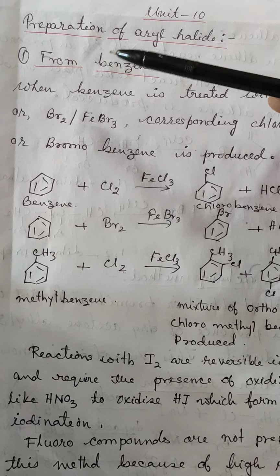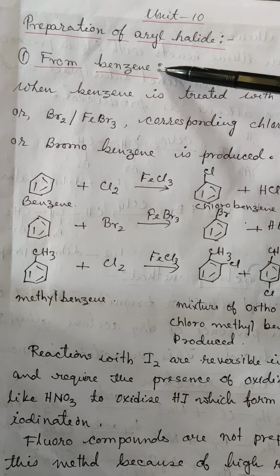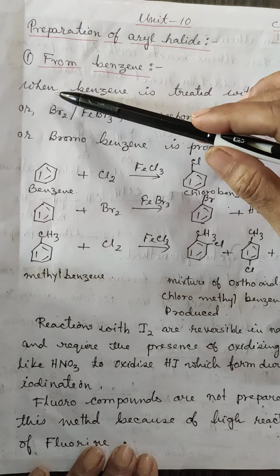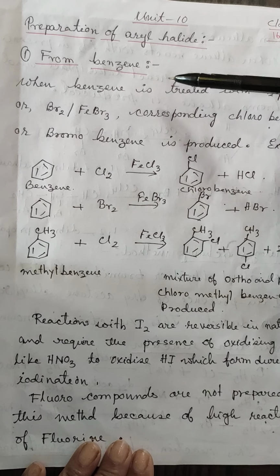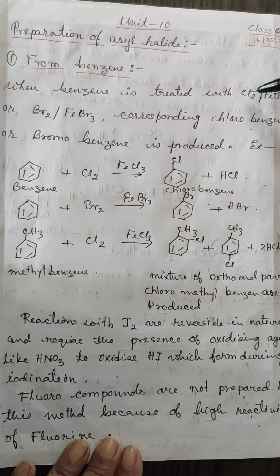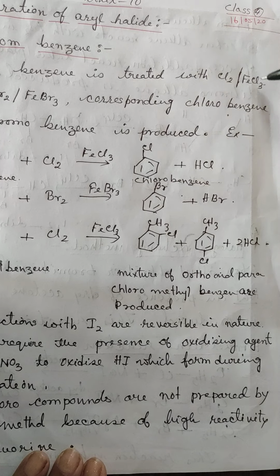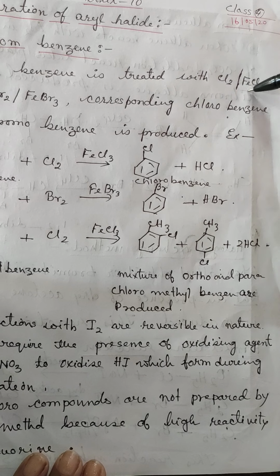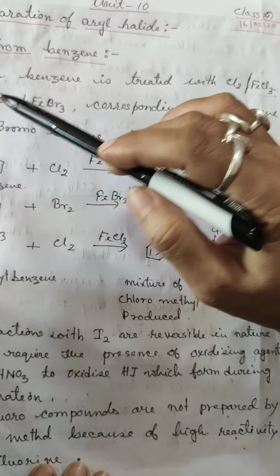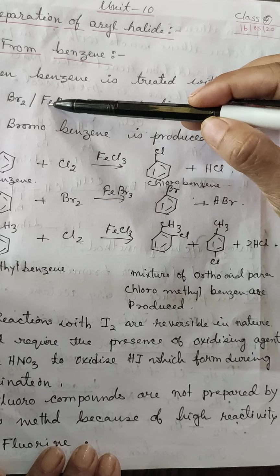Number one is from benzene. The process is when benzene is treated with chlorine in presence of ferric chloride, which is a catalyst, or bromine in presence of ferric bromide.